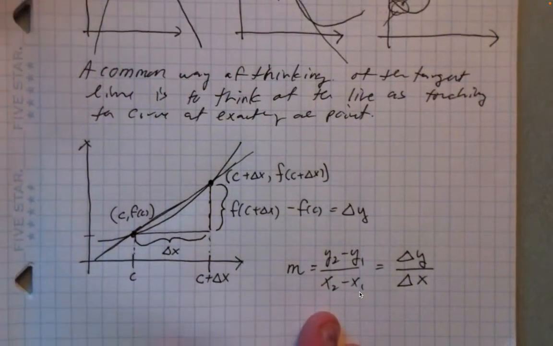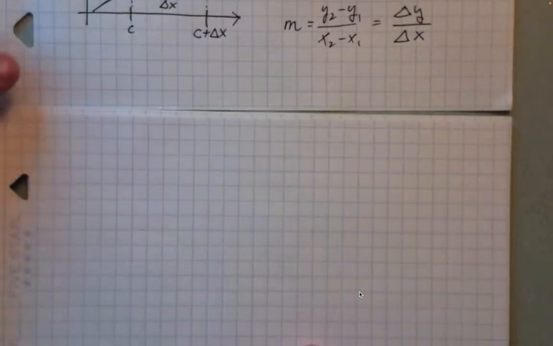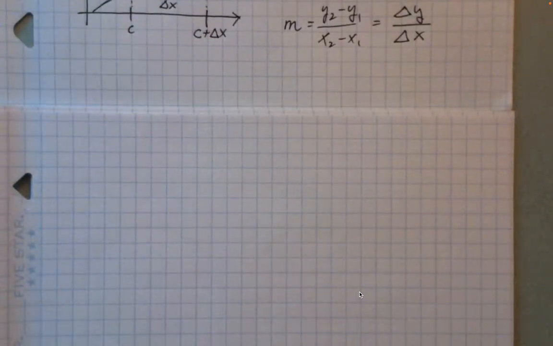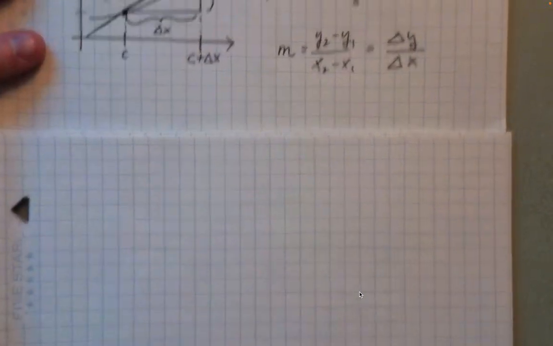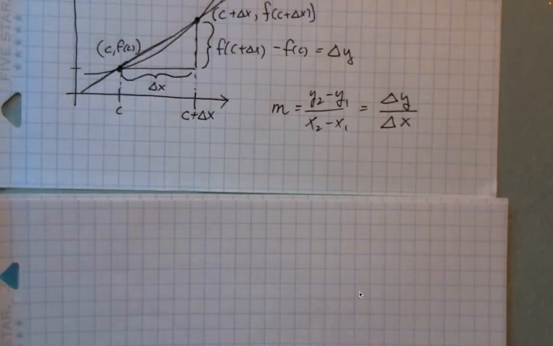Now, let me scooch this up a tish. We're going to let dx denote the change in x, and dy denote the change in y. The ratio of these two is going to be the slope of just an arbitrary secant line.